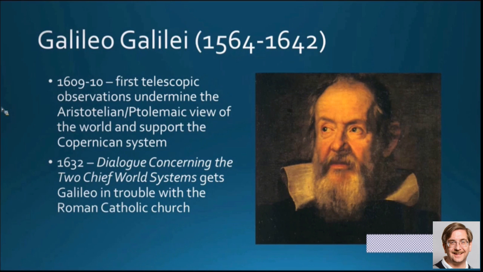So if there are passages of Scripture that seem to say that the earth stands still, it is not the place of a layman like Galileo to read that as a metaphor.